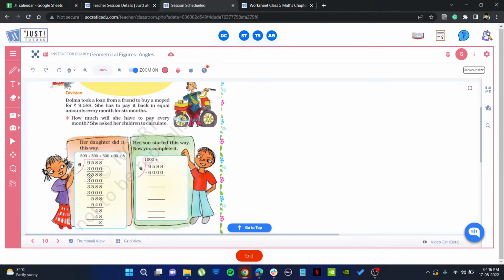In this calculation, we can see that 9588 is getting divided by 6, and here we can see lots of calculation. On the other side, we can see her son started this way. Now you complete it.